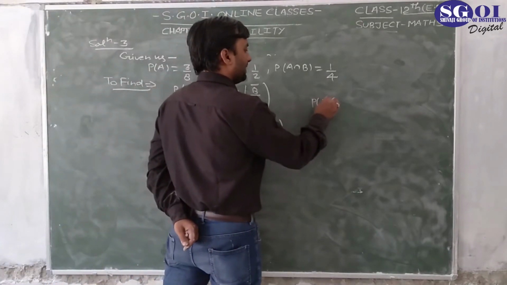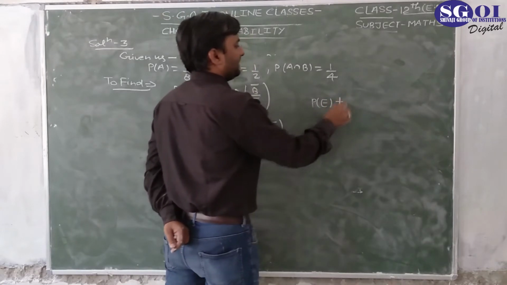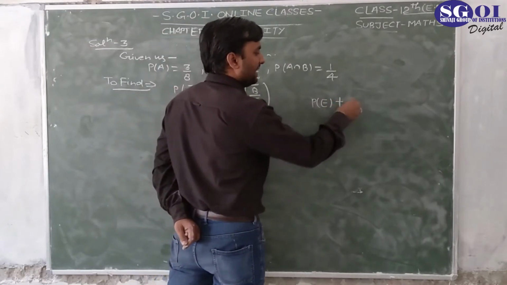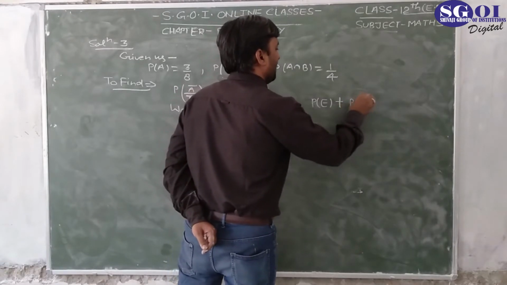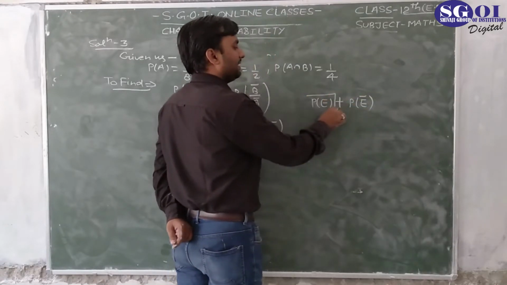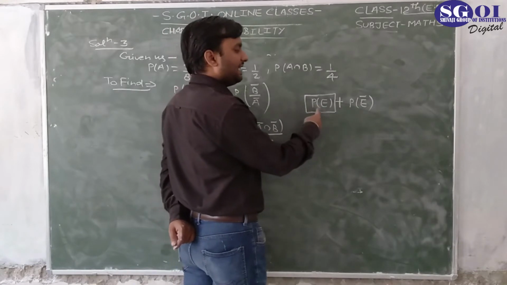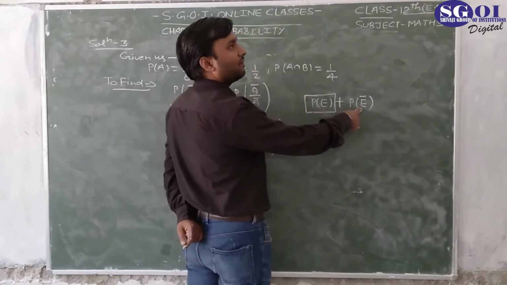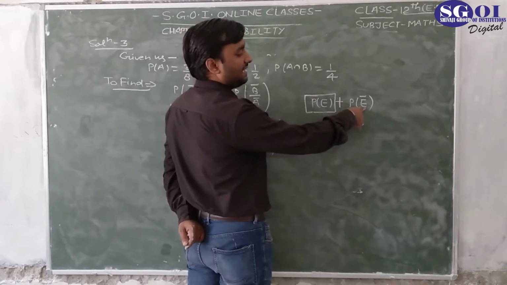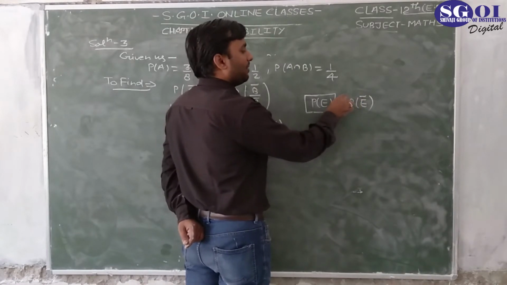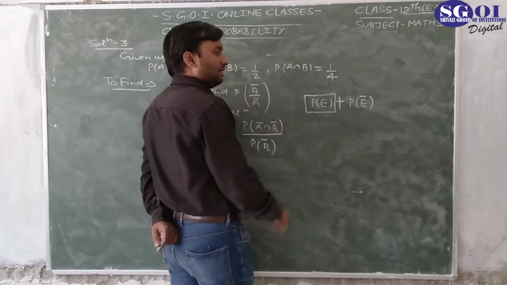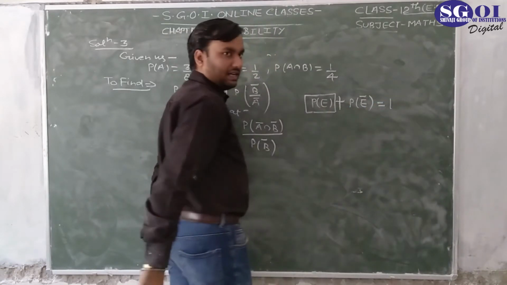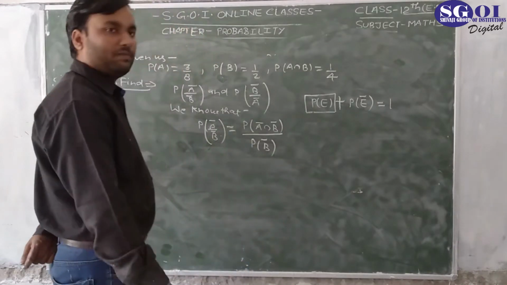In class 11, you have already studied that probability of an event happening and probability of an event not happening. This is the symbol of probability and this is the probability of an event happening, and this is the probability of an event not happening. The probability of both event happening and not happening is equal to 1. You already know about it.